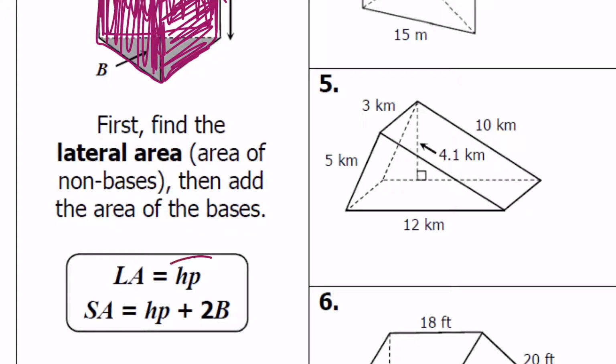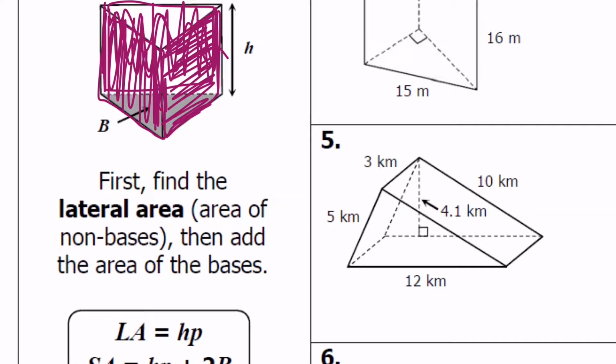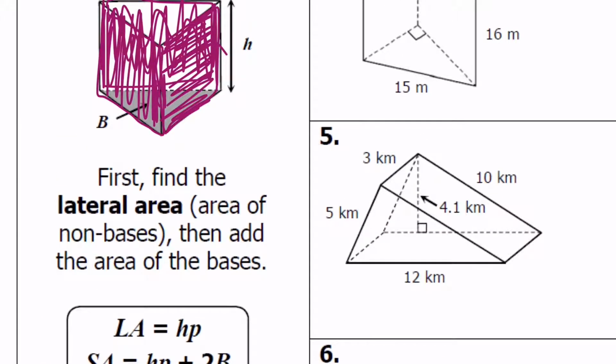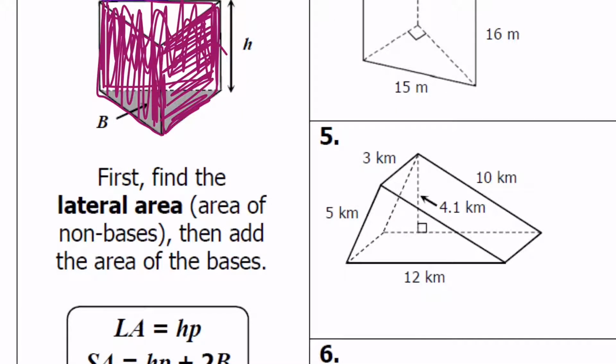Okay, and those are found by this formula here, where it's the height between the bases times the perimeter of the base. Okay, and then we add that to the area of the bases. So the areas of the bases are these. Here's one base. Remember, the bases are the shape that is defining the prism.